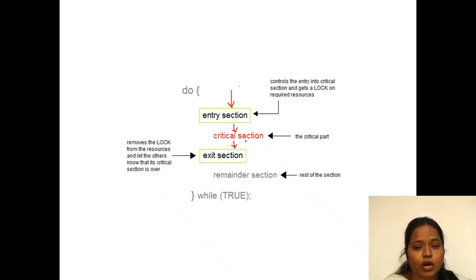The code which is not placed in the critical section is placed in the remainder section in order to complete the task. This whole thing we call a critical section. So before executing the critical section we execute the entry section, and after it we execute the exit section.